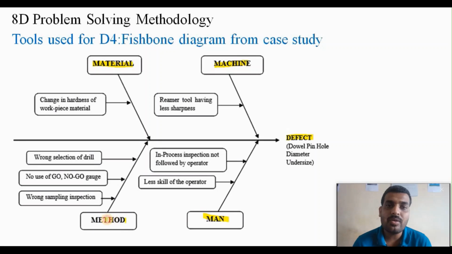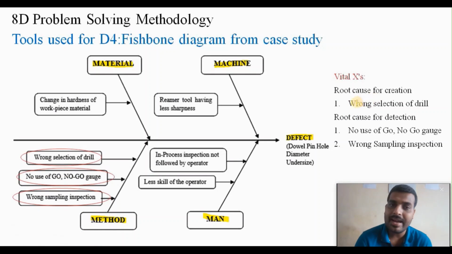Now we will see which vital few factors are more influencing the defect. Here you can see the root cause for creation is wrong selection of drill, and the root cause for non-detection is no use of go or no-go gauge, and wrong sampling inspection. So this is about the fishbone diagram or cause and effect diagram.